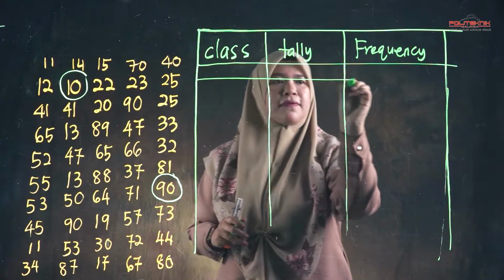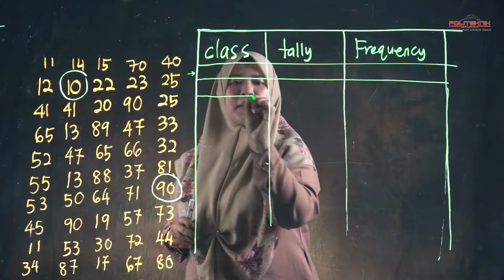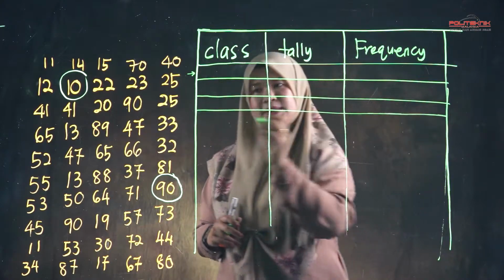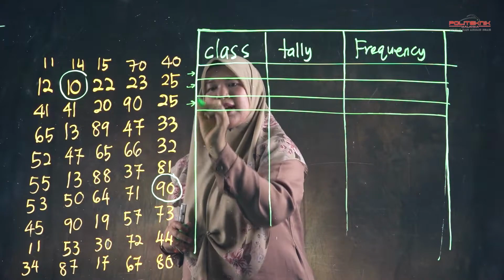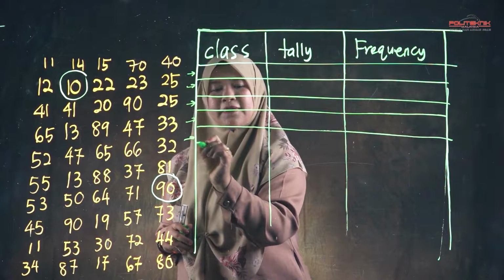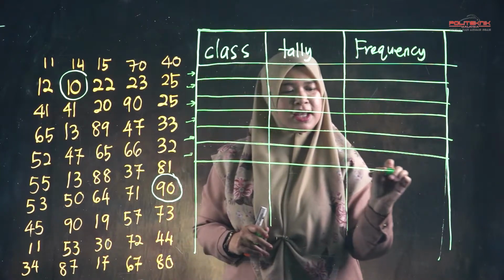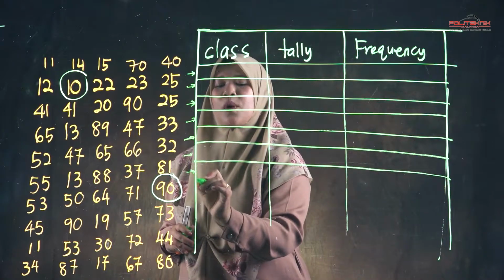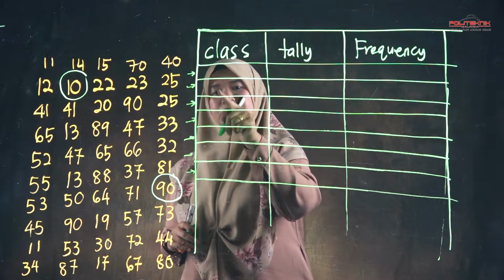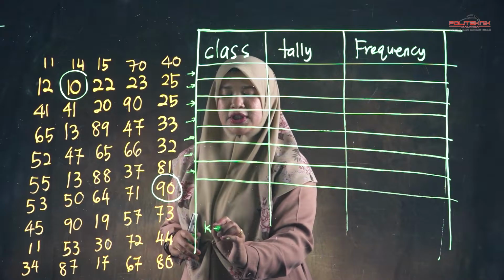This is our first class, this is our second class, the third class, the fourth class, the fifth class, the sixth class, and this is our last class. 1, 2, 3, 4, 5, 6, 7, so K is equal to 7.